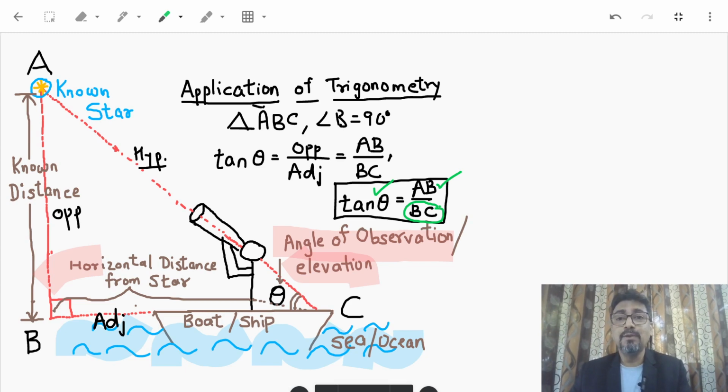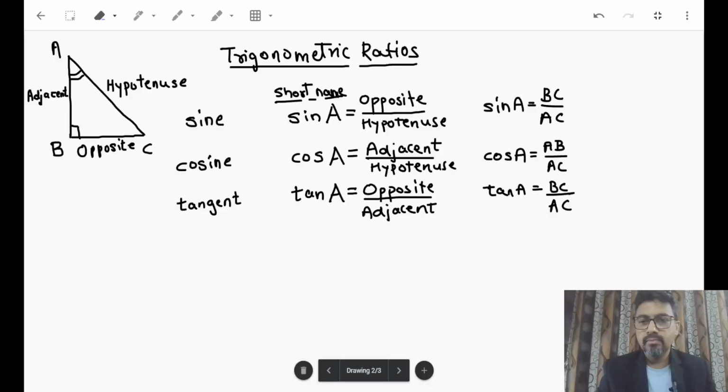That was the way sailors determined directions and how long it would take them to travel, in the absence of what we today have as GPS or Google Maps. So understand, trigonometry did play a really important role in those times. It does play an important role today and forms the base of most technological innovations.